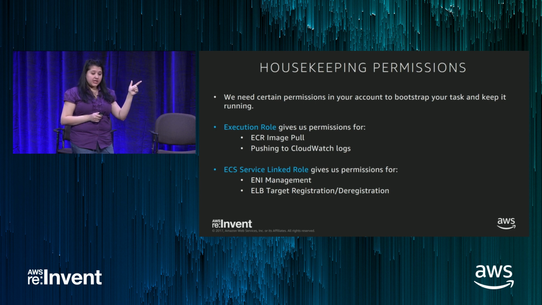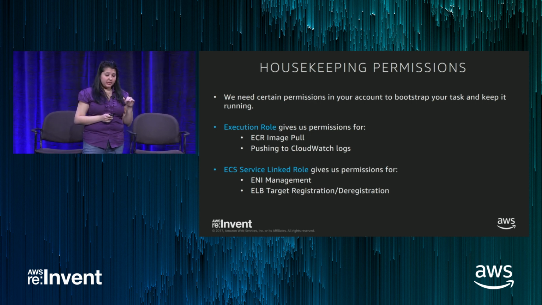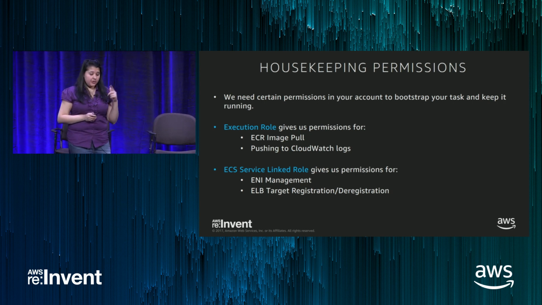So if you are using an ECR image, or if you are configuring logging to push to CloudWatch, you need to follow the steps in the execution role section that we're going to go through next. The other role in play here is an ECS service-linked role, and we'll go through the details of that, but the service-linked role gives us the ability to manage your ENI and your ELB.